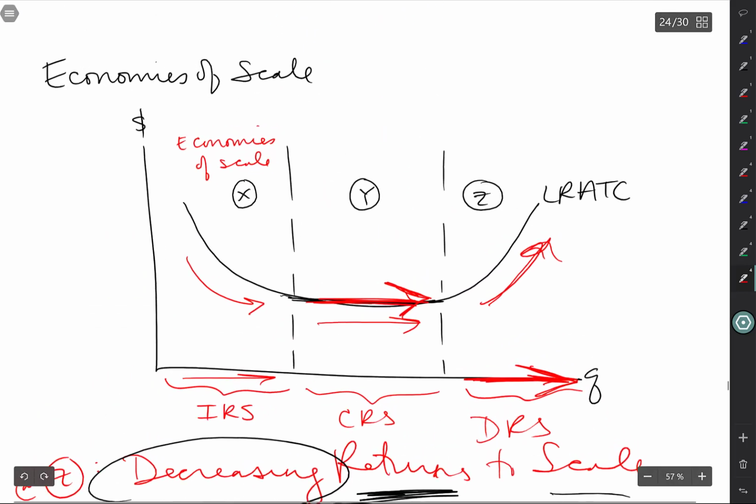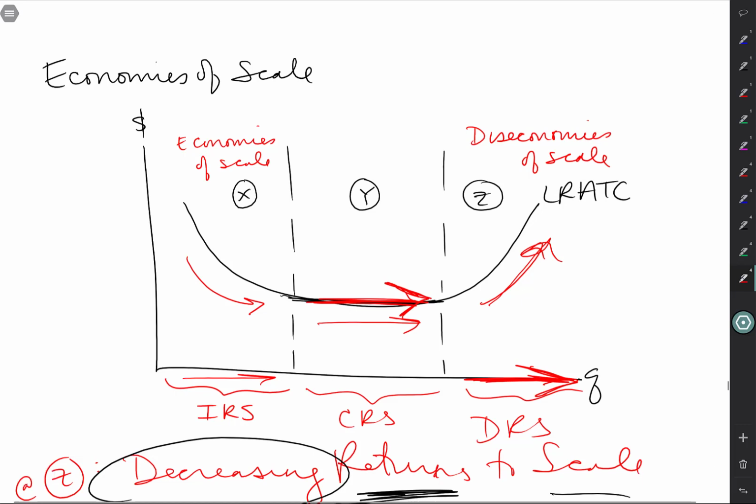This is not what we call economies of scale. We call this region, which is exhibiting decreasing returns to scale, diseconomies of scale. We've gotten so big that we've kicked into diseconomies of scale. This does happen to firms. Why? One of the main reasons is because the network gets so big.